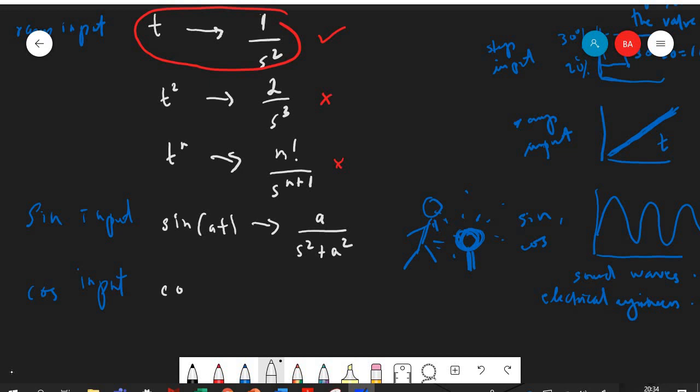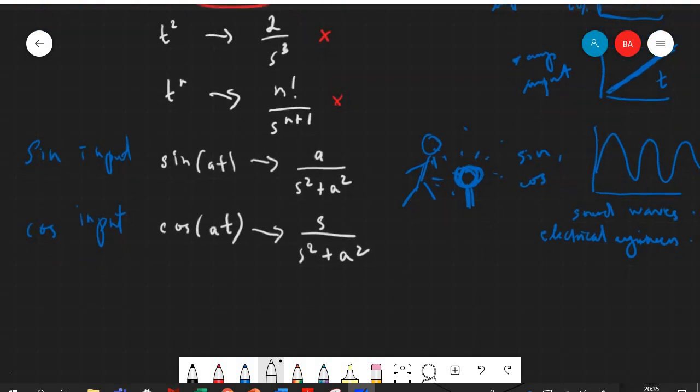For cosine at, this is represented as S over S squared plus a squared. So now you know the reasons why we are concentrating on these inputs, these kinds of changes. Actually, we also use it as a part of the output, but this is what we usually have.